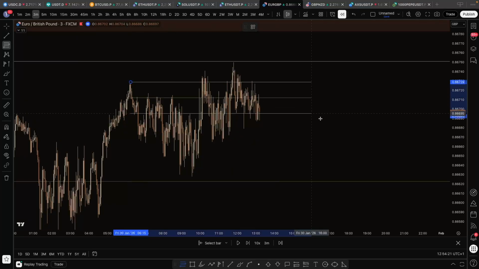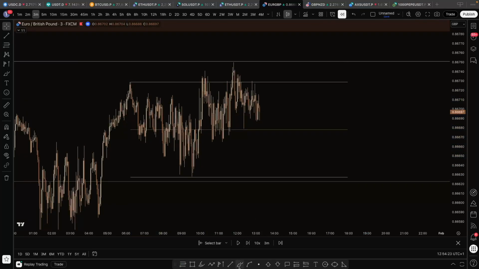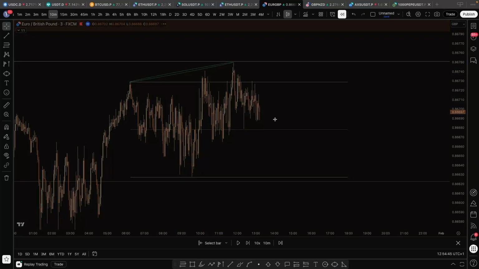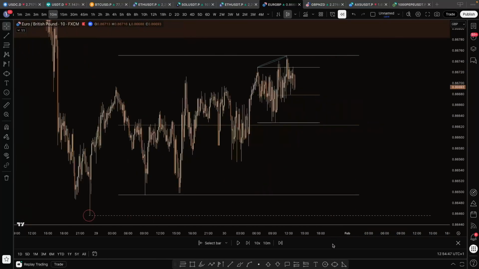So if I draw my range right now, you can see you had your tap 2, you had your tap 3 deviating your tap 2, and here is your structure break. Here's your market structure you need to break. So for a Wyckoff, you of course need that 1, 2, 3, and that is what we got right here. So we got a Wyckoff right there inside of a bigger Wyckoff right there.